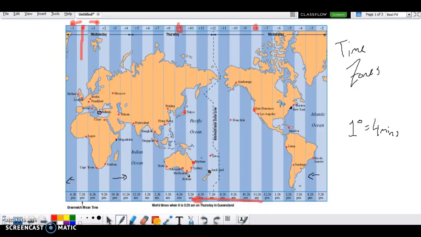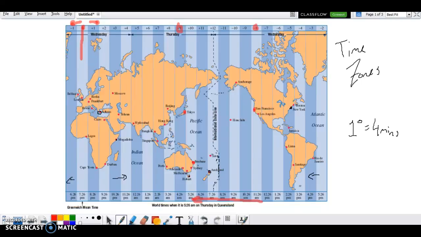So they had to set a kind of start point for the day, and this dotted line here is the start point for the day. It's zigzaggy because there are countries, like these little islands here belong to the US. There are some islands here, and they didn't want to be cut in half by a straight line going through, so it kind of zigzags around some of the islands.